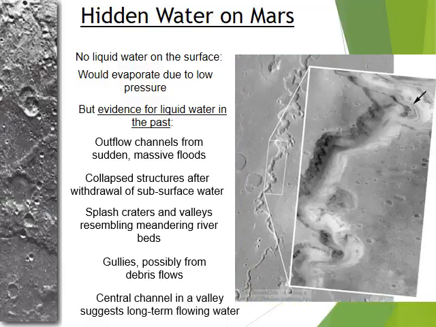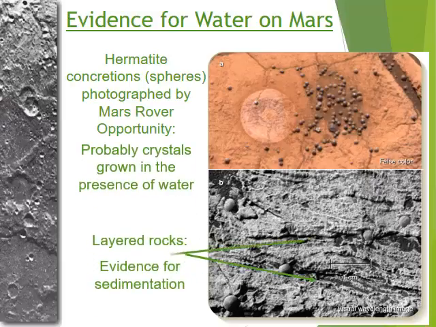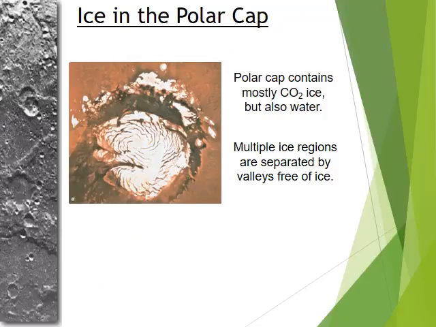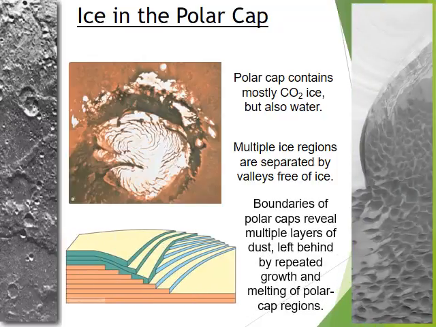There's also minerals that are only found in the presence of water here on Earth, and the same minerals are found on Mars. So that's also indicative of the presence of water, at least in the past, in parts of the Martian surface. So since there was a lot of water in the past, and even some locked up water in the form of ice in the present, there is still some thought that there is the potential for either present life or at least past life on Mars.